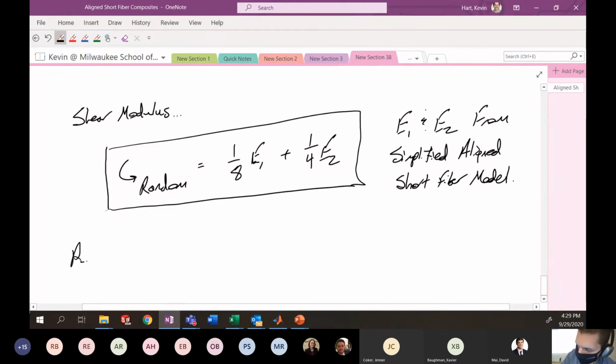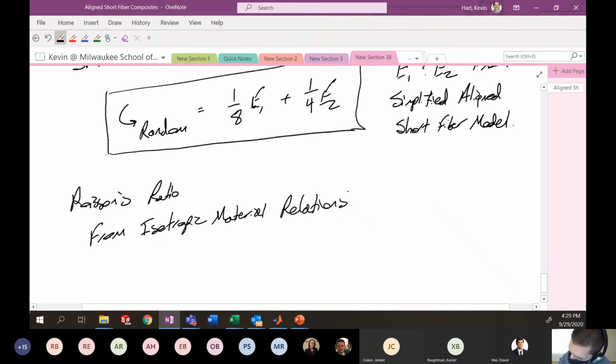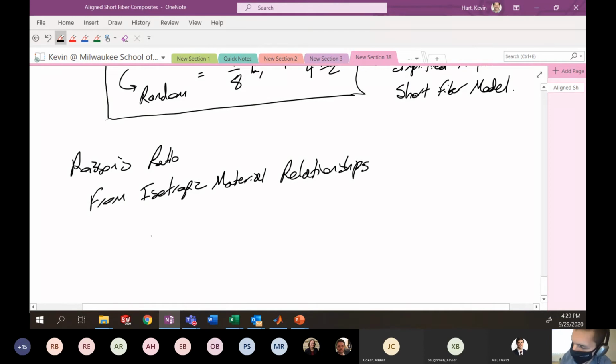Finally, Poisson's ratio. This is obtained from isotropic material relationships. You may have seen this in 2004 or 3005.